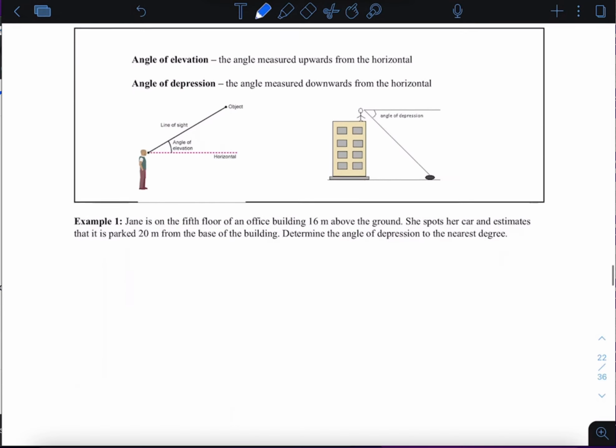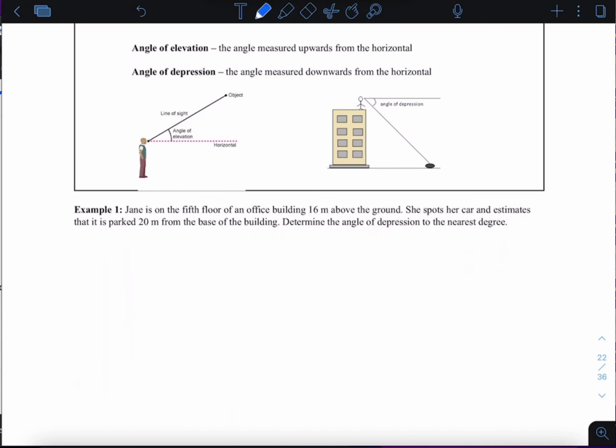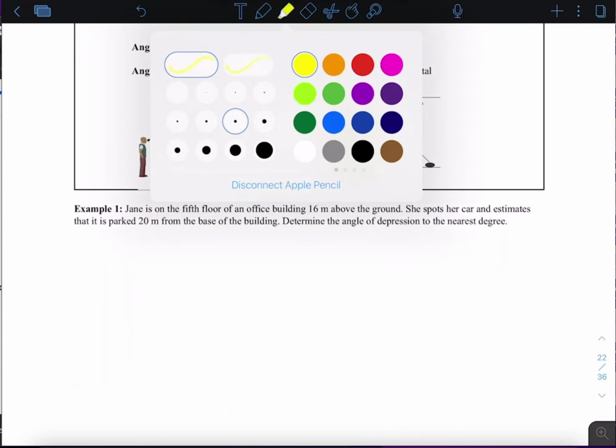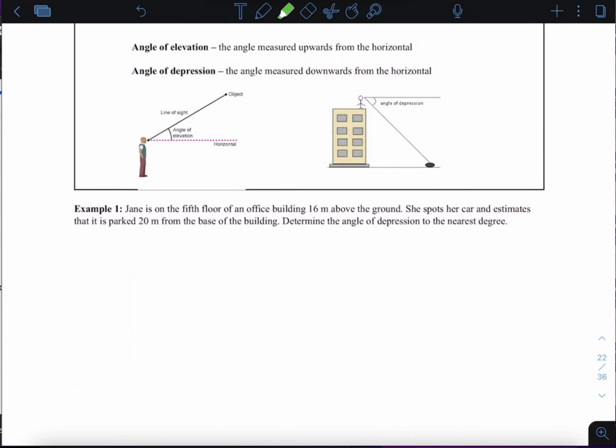Okay, so let's talk about an angle of elevation and an angle of depression. So the first thing we need to talk about is what is meant by this word horizontal, okay? So horizontal is very literally the line that goes straight out in front of you from your eye level. So the horizontal line is if you were looking straight out into space in a straight line parallel to the ground, we would call that a horizontal.